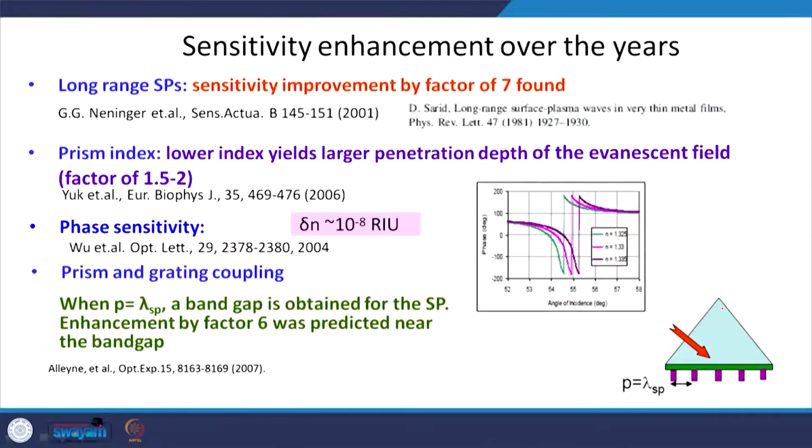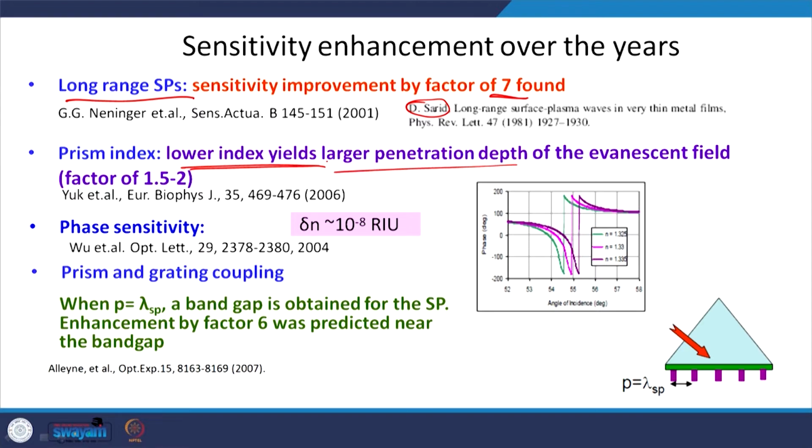People have tried to enhance the sensitivity further, and over the years someone reported, which was actually Roorkee, long range surface plasmons and improved the sensitivity by a factor of 7. If you decrease the index of the prism, the penetration depth becomes larger.